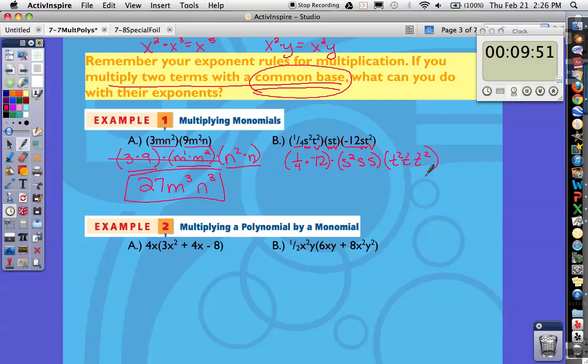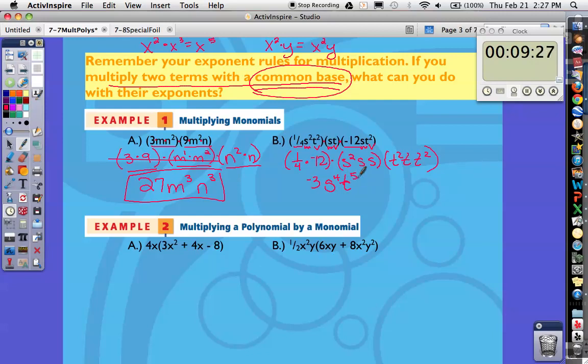Now do each of the like bases together. Well, we can multiply these coefficients, right? 1/4 of -12 is -3. And multiplying these s's together, we're adding the exponents, so it's s to the 4th. Multiplying these t's together, we're adding the exponents, so it's t to the 5th.